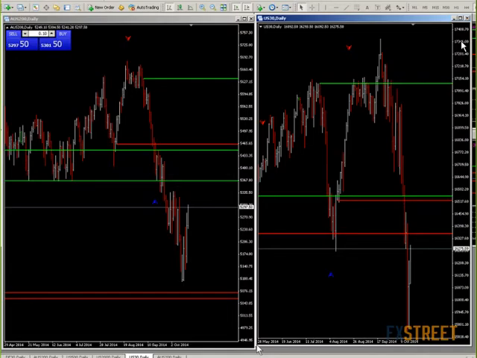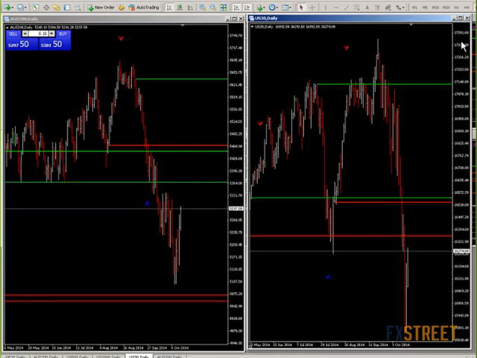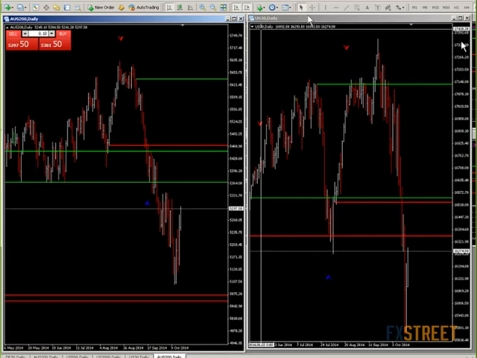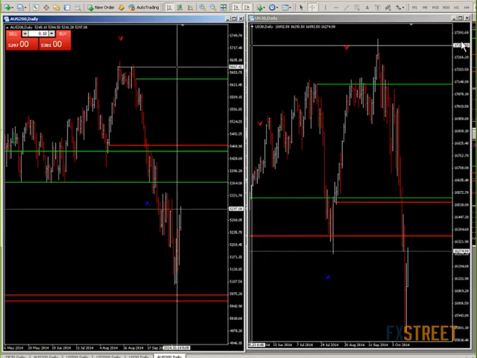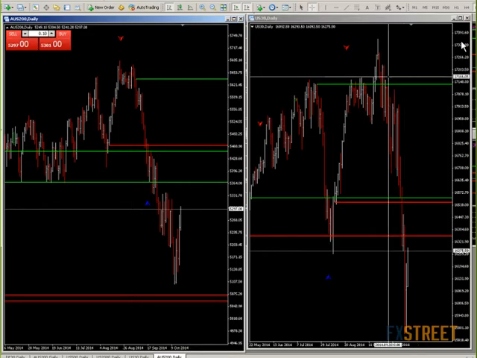Okay, if you have a look at that, this is if you just had normal charts next to each other. What you've got is the initial move by the ASX, which started back in September, whereas the Dow move was late September.